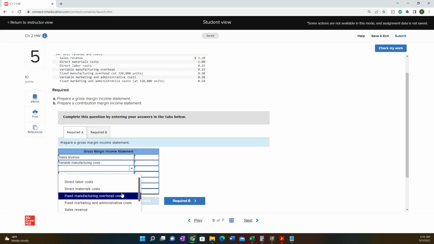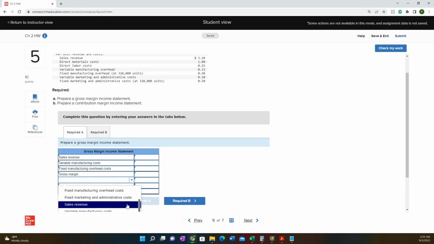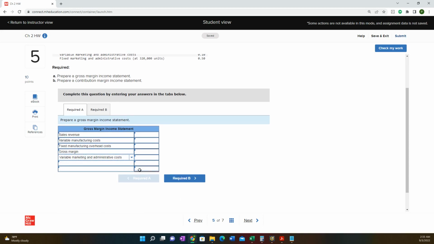It could also be a gross loss, but we can change that account if we need to. Then we have our variable marketing and administrative costs, our fixed marketing to arrive at operating profit or loss. So now that we have our accounts, let's begin with our calculations.